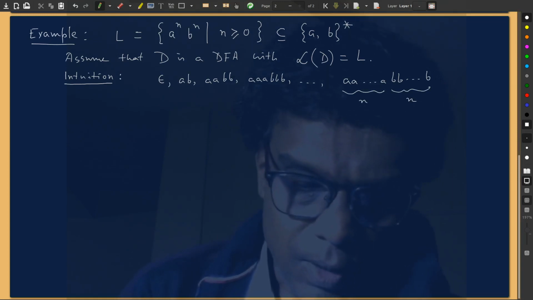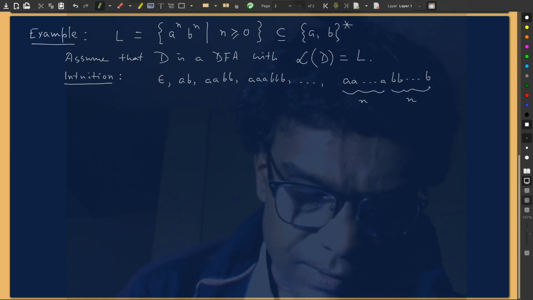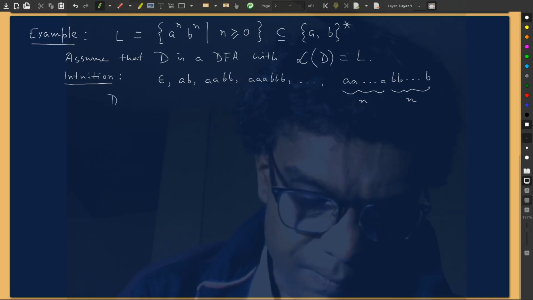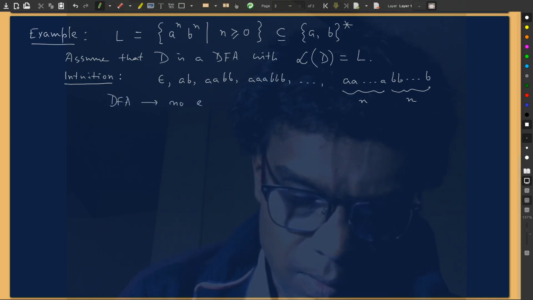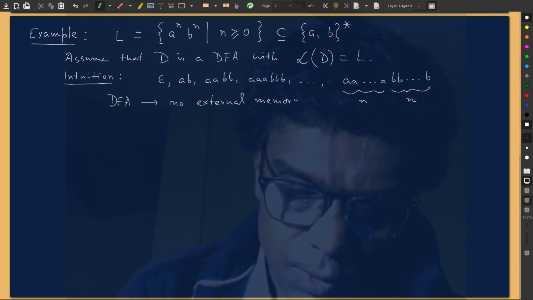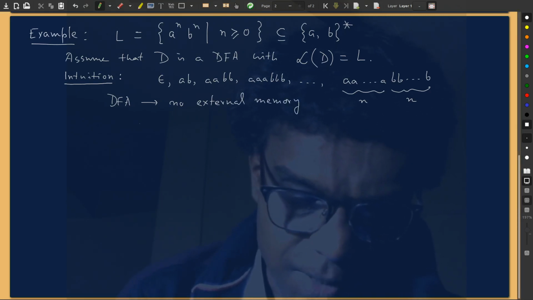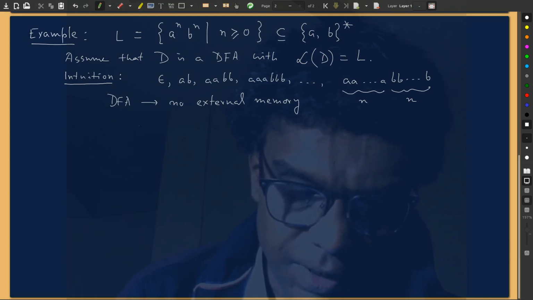Okay. So now we know that a DFA does not have any external memory. The only thing that a DFA can remember is by using its states.